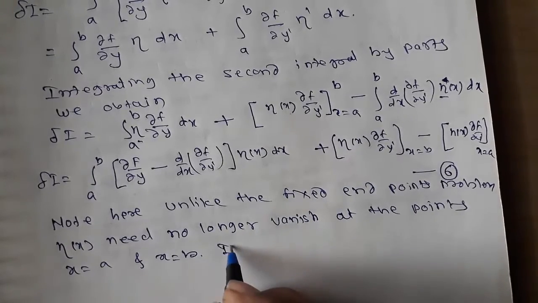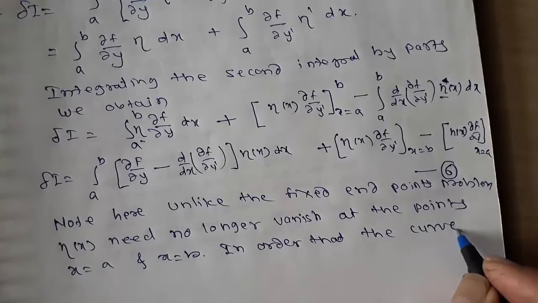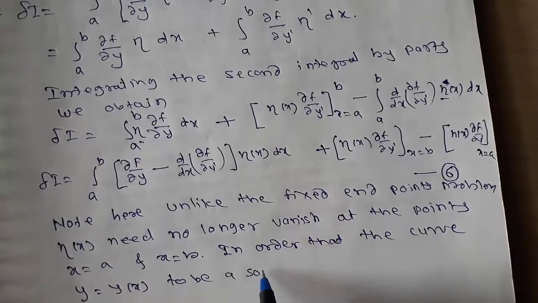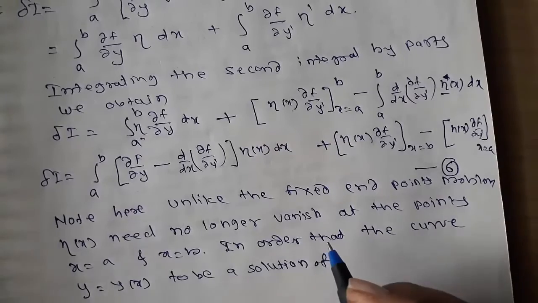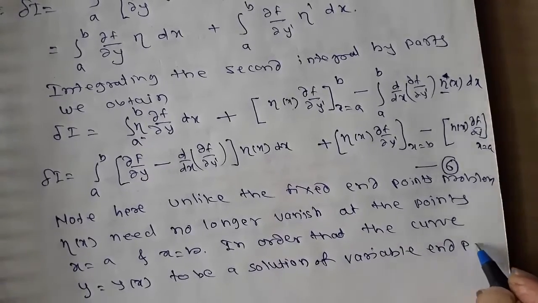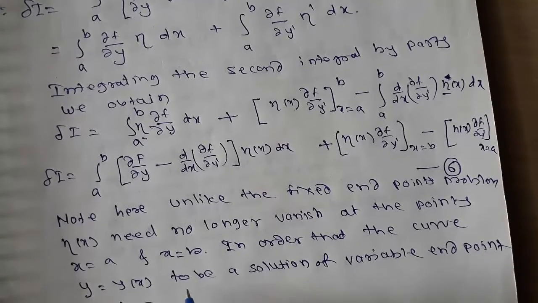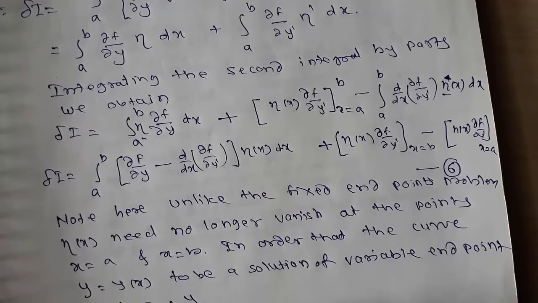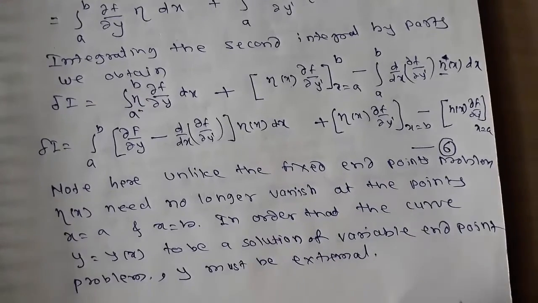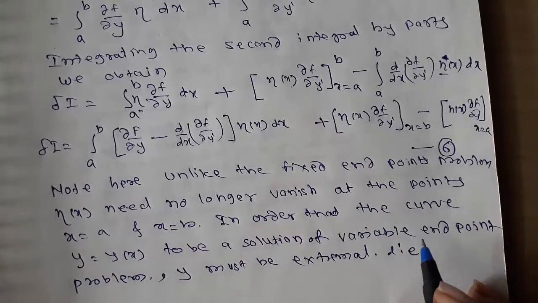In order that the curve y equal to y of x be a solution of the variable endpoint problem, y must be extremal, and that is, y must be a solution of Euler's equation.